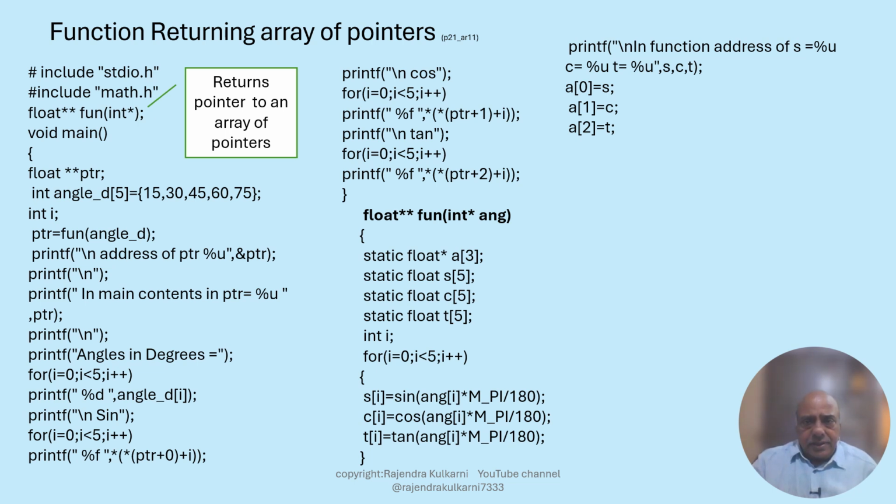The address of array s is assigned to the 0th element of array a. The address of c is assigned to the first element, or element number 1, of array a. The address of t is assigned to element number 2 of the array a.